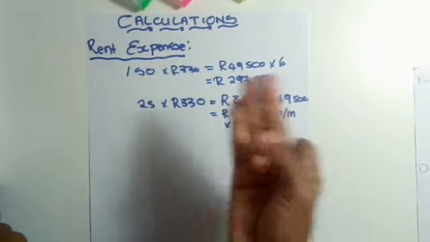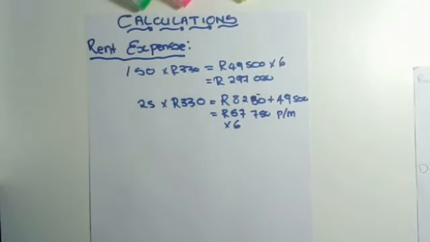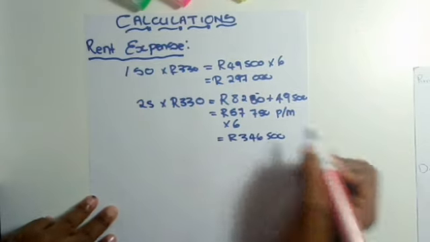November, December, January, February, March, April. I'm counting it now because look at the day. The day is 30th of April, so we are counting the month of April as well. So that means now in total for these 6 months, I paid 346,500.